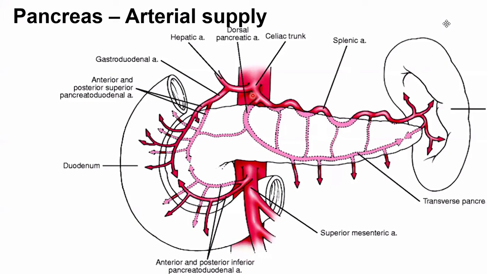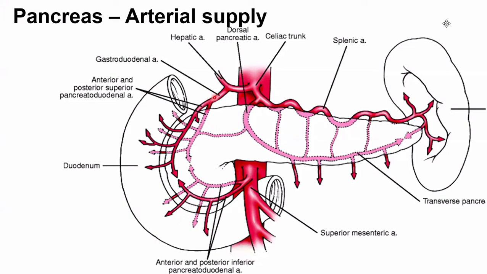So typically in 90% of people, the celiac axis divides into what I've mentioned: common hepatic, left gastric, and splenic artery. The common hepatic artery dito, mapapansin nyo, bababa siya and will give supply to the gastroduodenal artery. And the gastroduodenal artery will go below the first portion of the duodenum, and it will divide and become the pancreatico-duodenal artery.